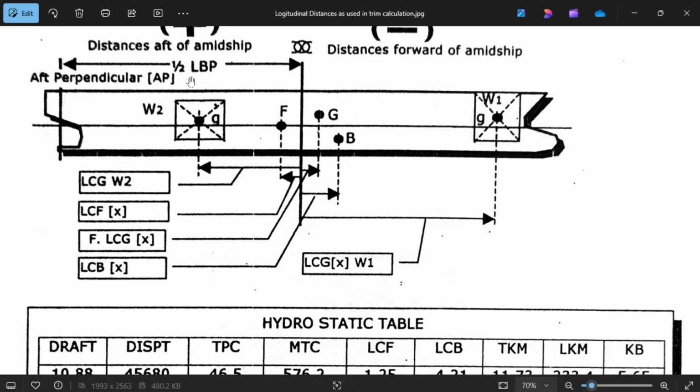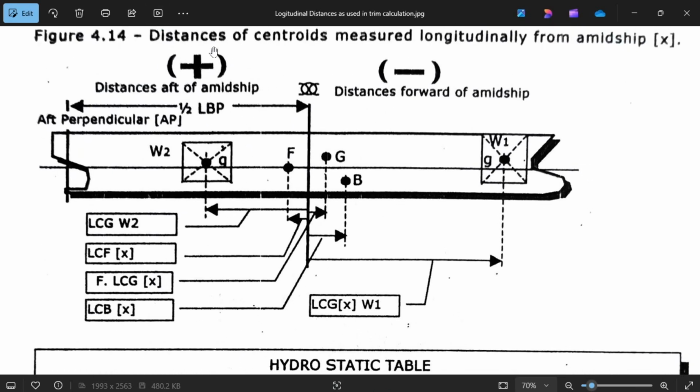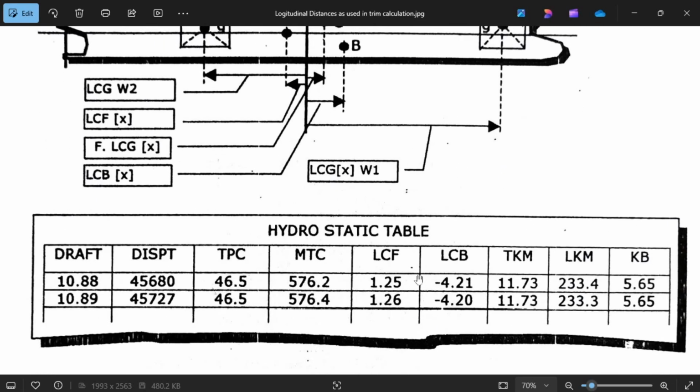So that's why it is positive, because the side here is positive. So check the LCF. LCF is this one, the center of rotation, and it is a little bit backward from your midship. So from your midship, there's a small distance backward, that will be your center of rotation, which is positive.